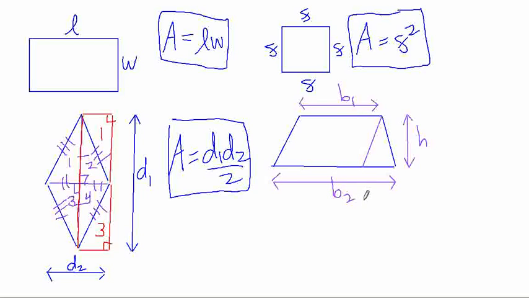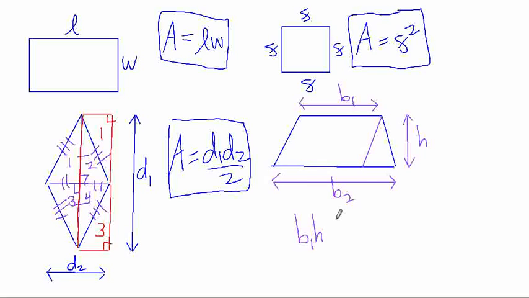Okay, so we know that the area of the parallelogram is the height times the length of the base. The top and bottom of the parallelogram have a length B1. So the area of the parallelogram is B1 times h.